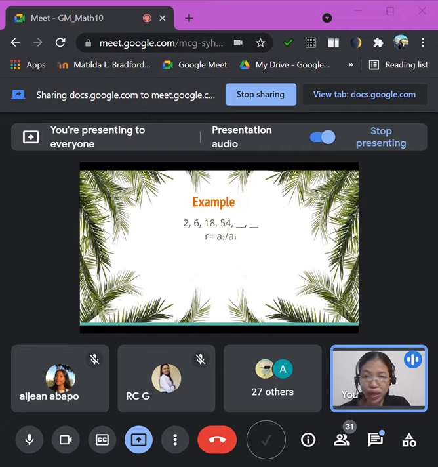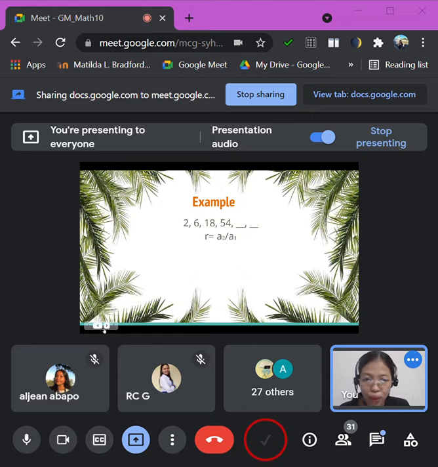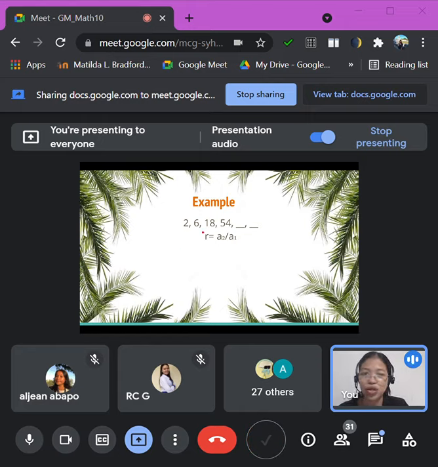If we're going to find their common ratio, unsaon pagkuha nato sa common ratio? We are just going to look at the first and the second term. Imo na siya i-divide.